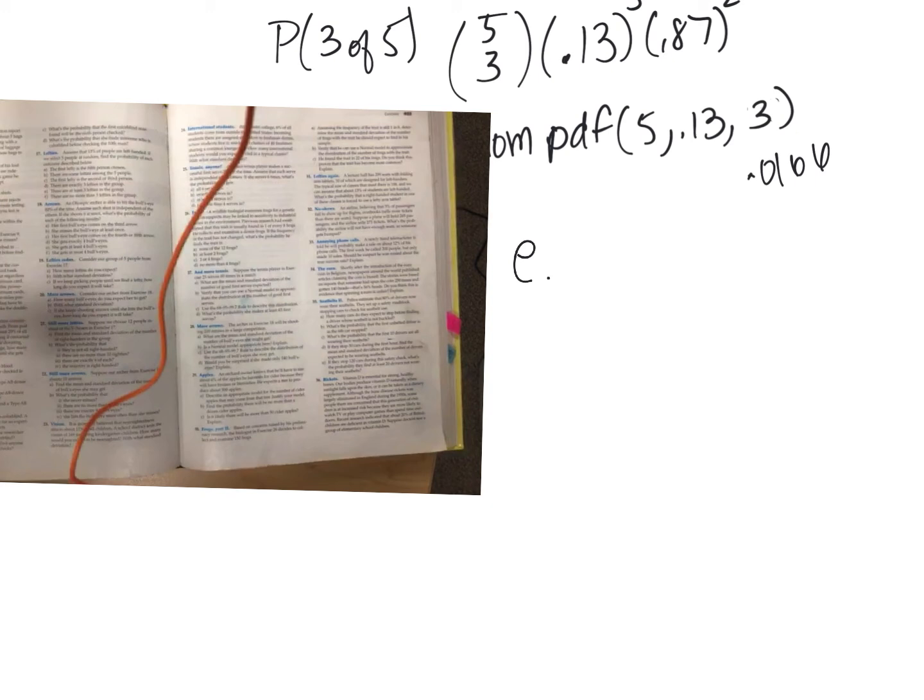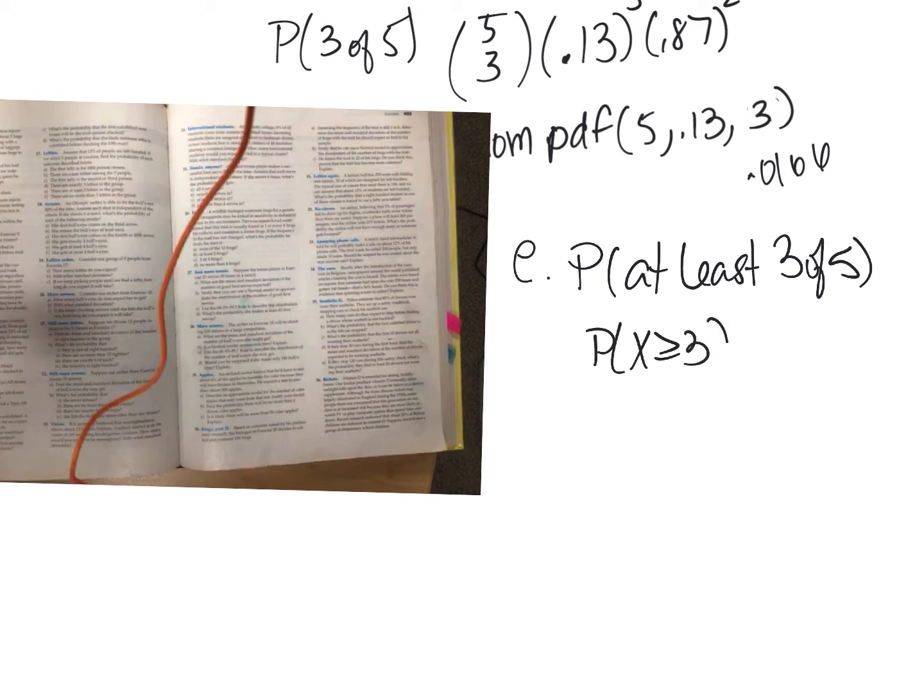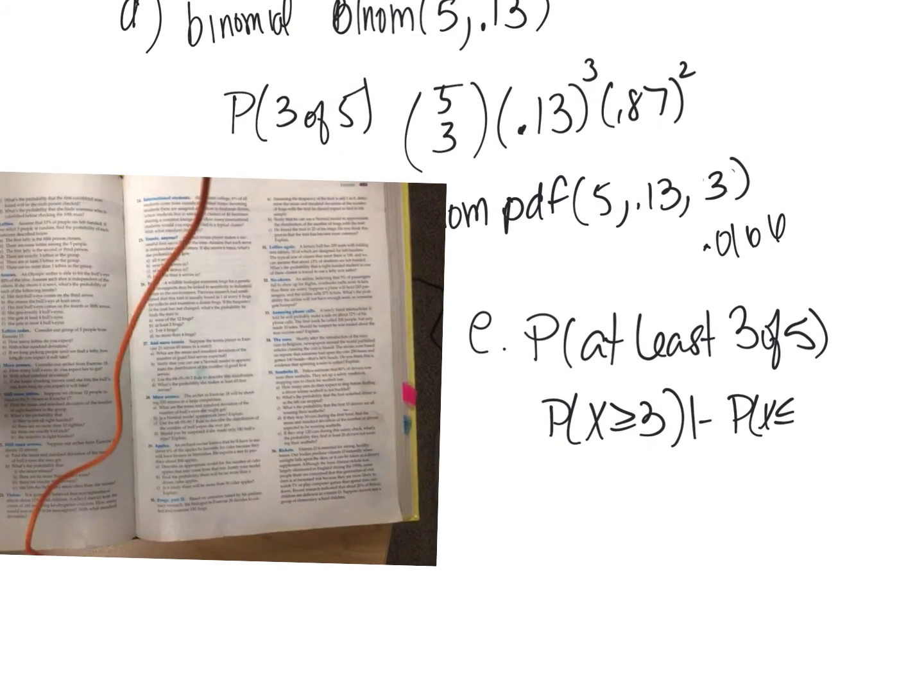There are at least 3 lefties. So the probability that x is greater than or equal to 3 is 1 minus the probability that x is less than or equal to what? Because the probability of a lefty is 0.13, and it was 3 lefties. And the probability of not being a lefty is 0.87, and there would be 2.